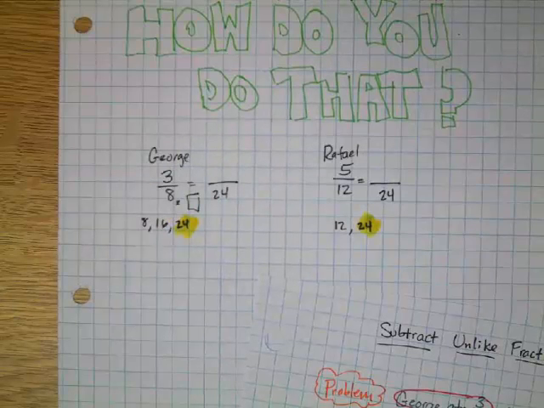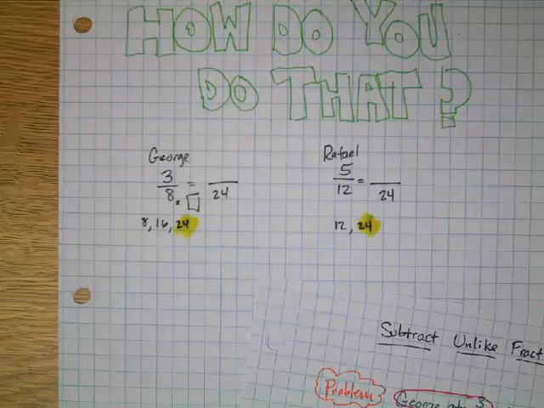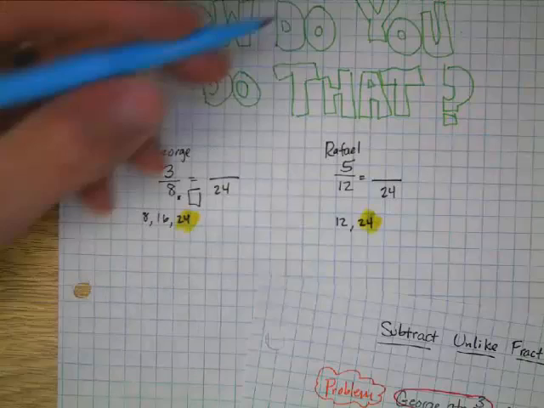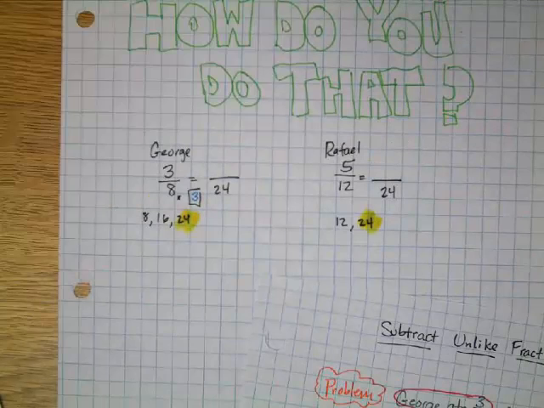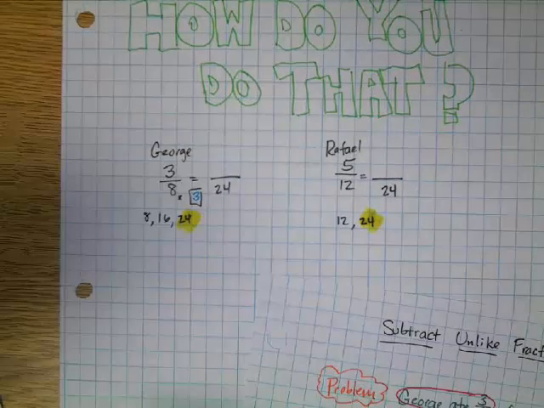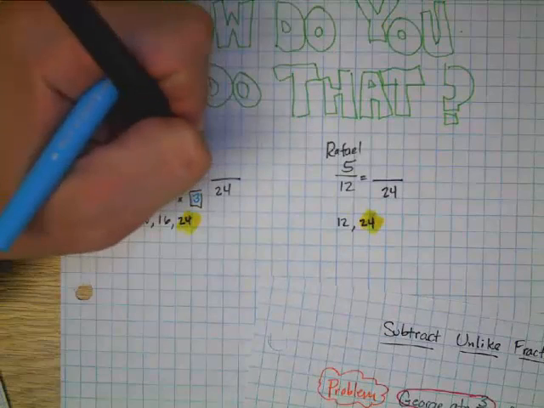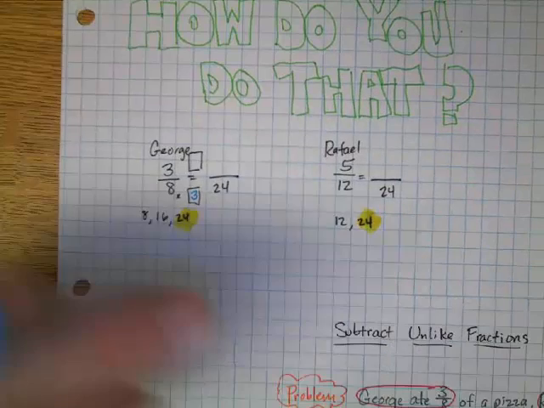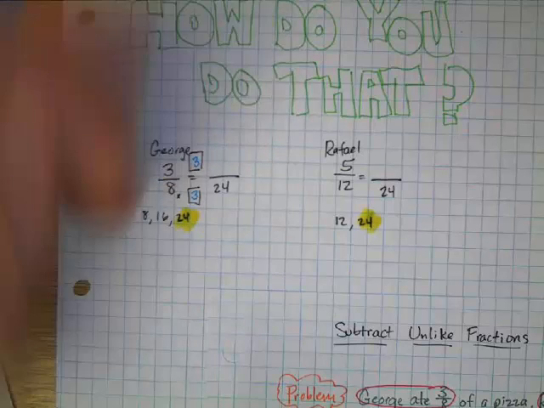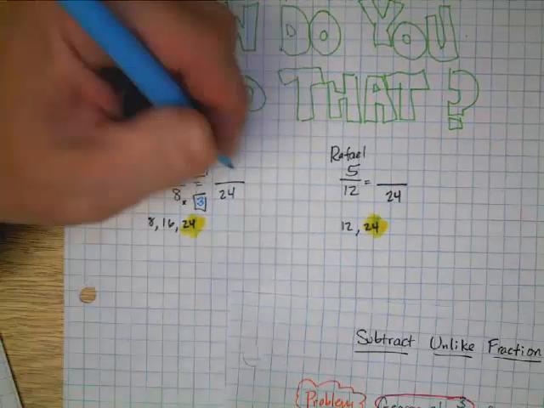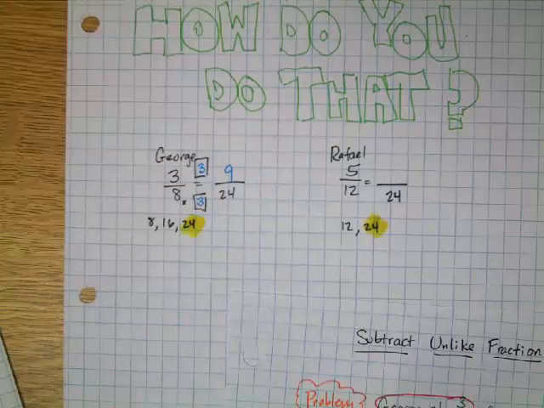And as you mathematicians all know out there, just like we know here, 8 times 3 will give you 24. And that means that if the denominator is multiplied by 3, then the numerator is multiplied by 3 as well. And 3 times 3 becomes 9. So 3/8 is then converted into 9/24.